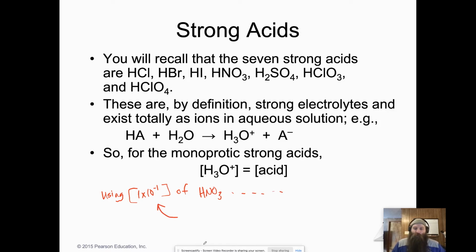Well, there it is. Because I know this is a strong acid, then that concentration of the acid equals the concentration of H₃O plus, which is the same thing as H plus, right? Remember, these two things are interchangeable. So make sure you know your strong acids, and make sure you know if it's a monoprotic strong acid, then there we go. The hydronium concentration is equal to the acid's concentration if it's given to you in the problem.